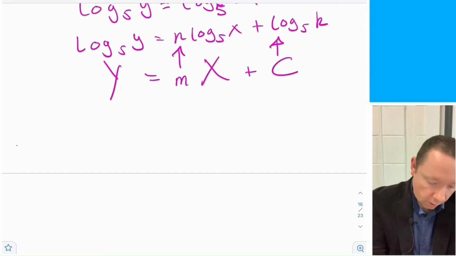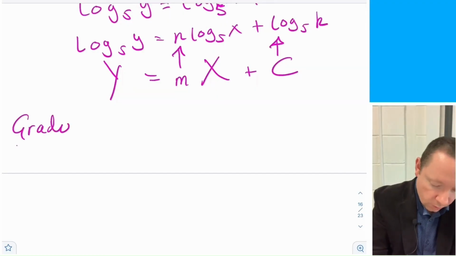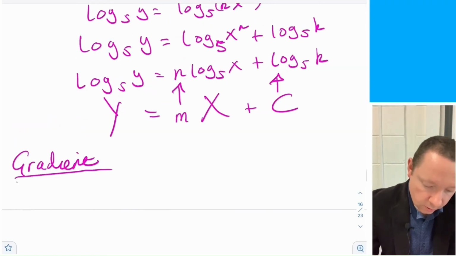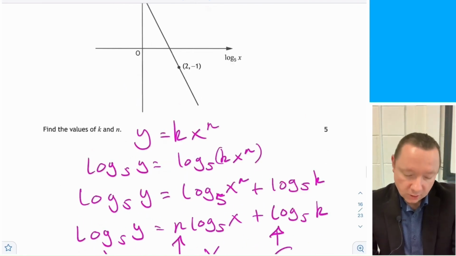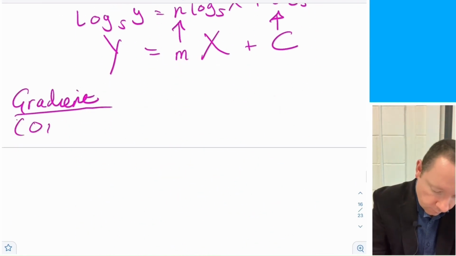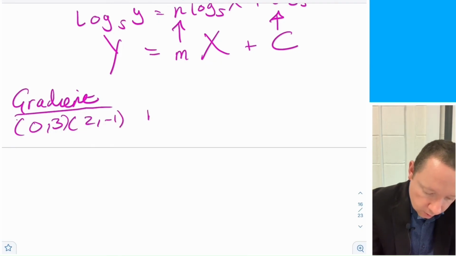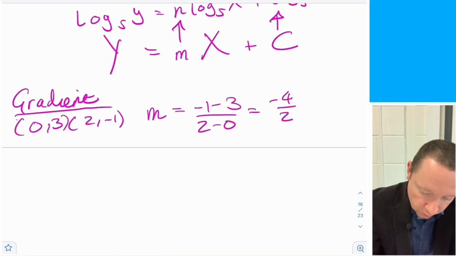So that's our gradient and that is our y-intercept. So we can work out our gradient because we're given 2 points in the question. Just remind ourselves (0, 3) and (2, minus 1). So our gradient equals minus 1 take away 3 over 2 take away 0. That's minus 4 over 2, which is minus 2.